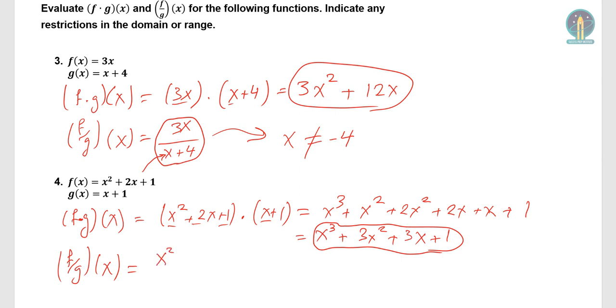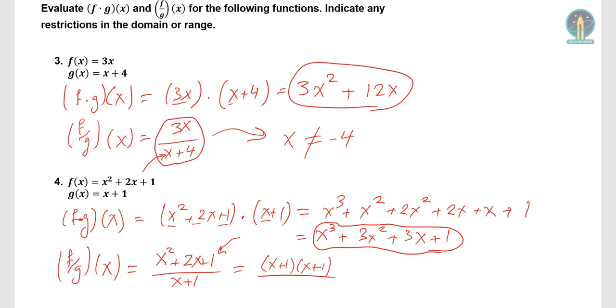x squared plus 2x plus 1 divided by x plus 1. But if you look at this trinomial, this can actually be factored out to x plus 1 times x plus 1. Right? It's actually a perfect square of x plus 1.